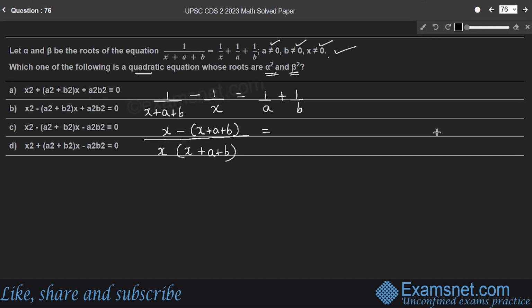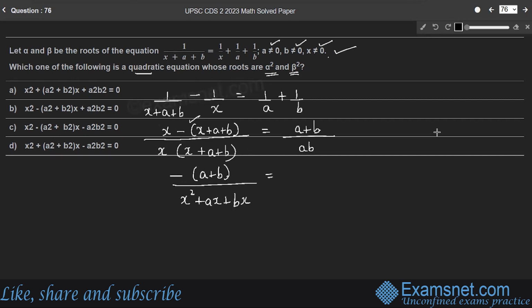And the right hand side, in which ab is the LCM, the numerator becomes b plus a, or a plus b. Both are same. So we'll simplify the left hand side. x minus x becomes 0. So we have minus of a plus b in the numerator, and the denominator becomes x square plus ax plus bx.